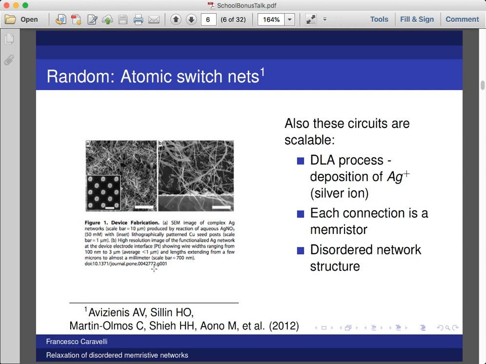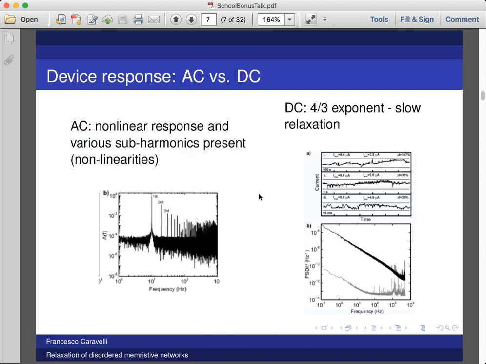These filaments in general behave exactly as the simple memristor model. For instance, this paper by Avizienis and collaborators from 2012, where they observe and can also image these components, and they observed a disordered network structure for these materials. Also, they have several different behaviors when you control them in AC or in DC.